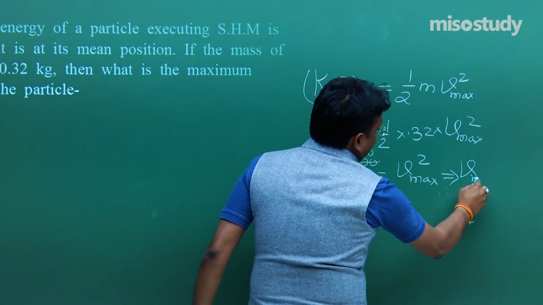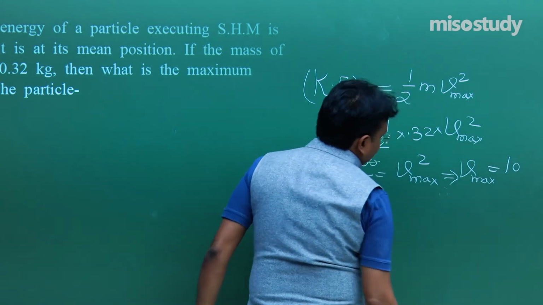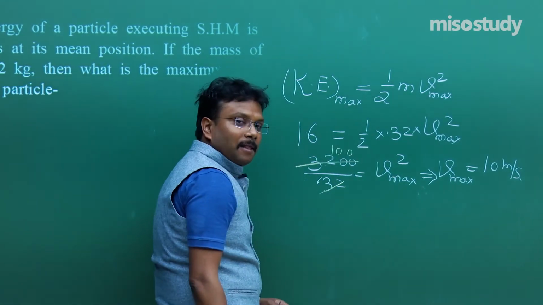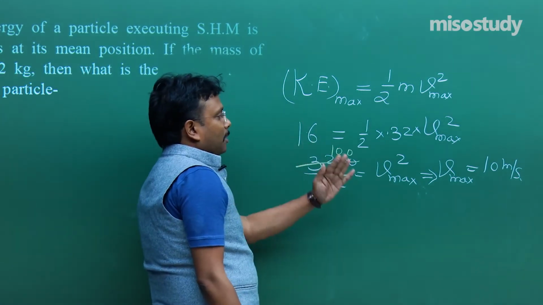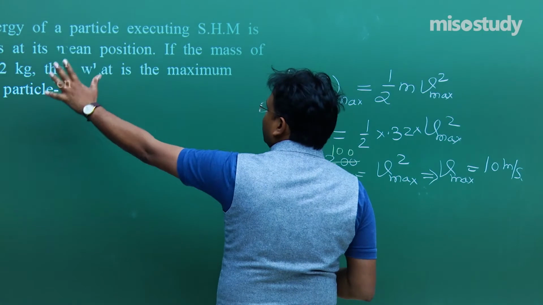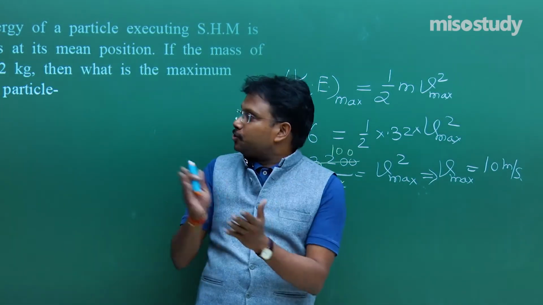So V max is nothing but 10 meter per second. Simple. So all related concepts, this side, that side, upside, downside, everything I explained. My point is not to provide you the solution of the question.